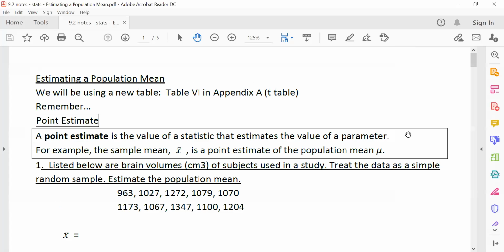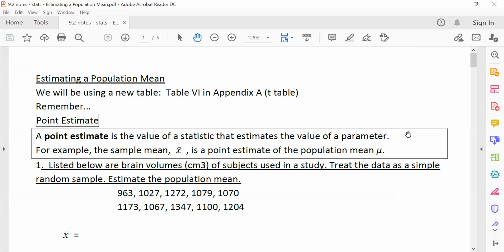What we're going to see in section 9.2 is that we're just constructing confidence intervals, but now for a different underlying parameter. In section 9.1, we were calculating a confidence interval for a population proportion.